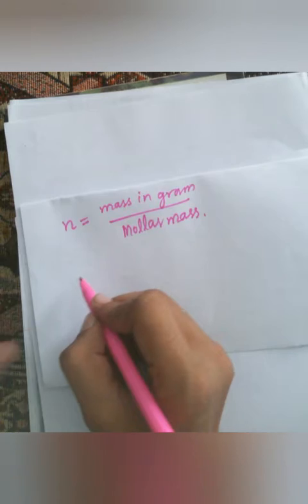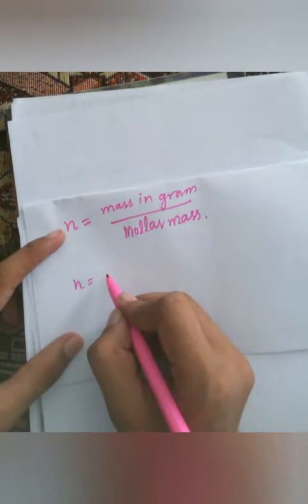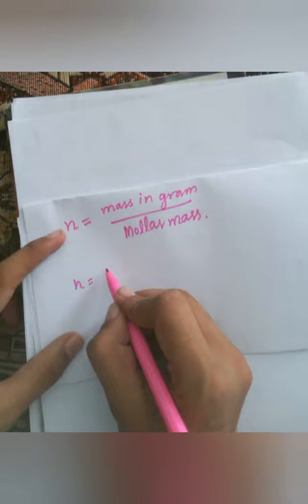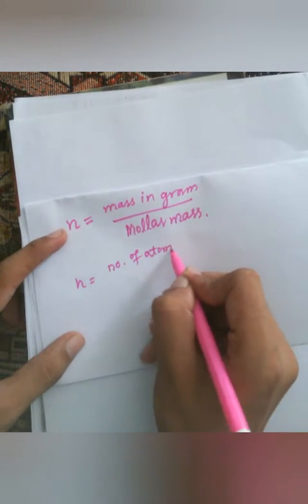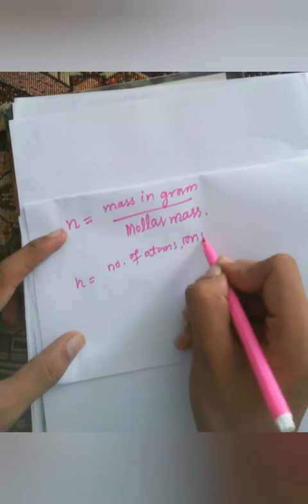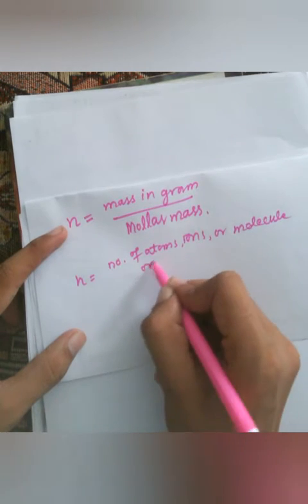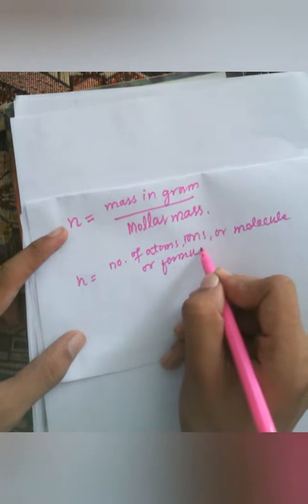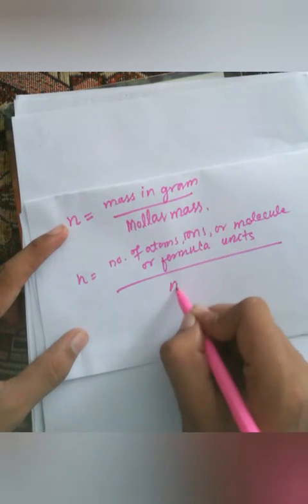Another one is: number of moles is equal to the number of atoms, ions, molecules, or formula units divided by Avogadro's number.